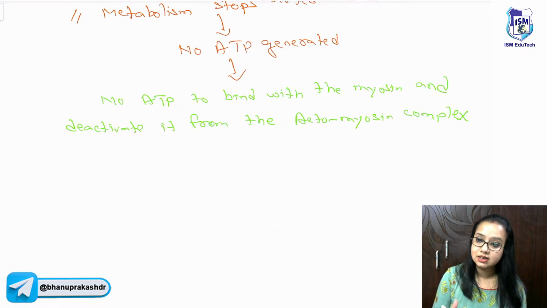So in this condition, the actin and the myosin stay tightly as actomyosin complex, causing the rigidity, because the high yield rule is that no ATP means no breakdown of the actomyosin complex. So until several hours they stay tight.